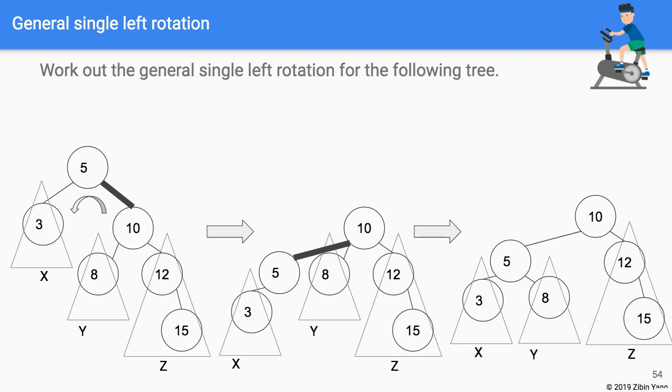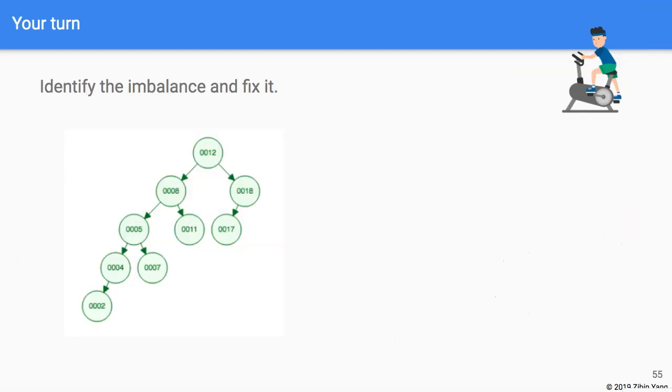Okay, and assuming you've done that, I would hope that you end up with something like this. Now that we've worked out the general cases for single left and right rotation, let's work on a real AVL tree that has gone out of balance, and let's try to identify where the imbalance occurs and then try to fix it.